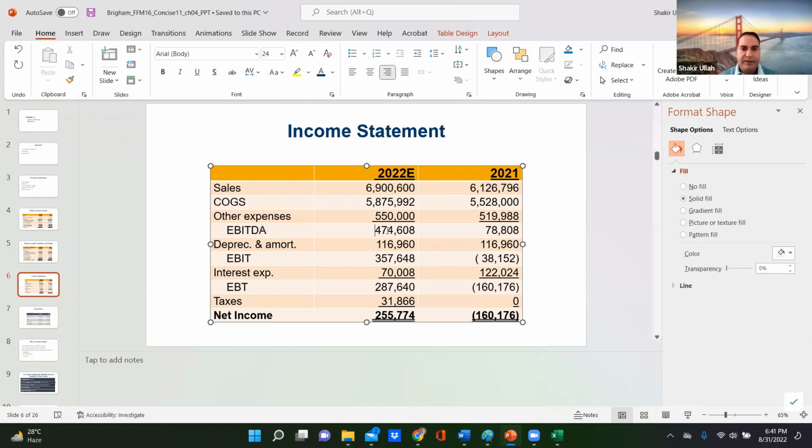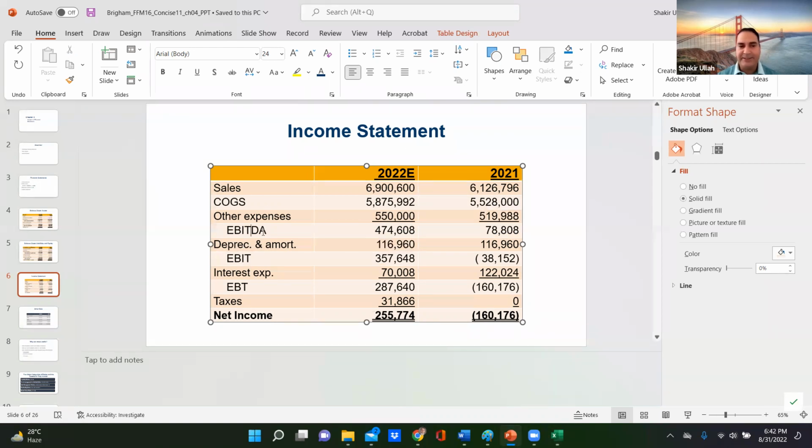Now, if this number is before interest, taxes, depreciation, and amortization, then let's start removing one by one. So first we remove depreciation and amortization. Depreciation and amortization for this particular year is $116,960. If we remove that from EBITDA, we get this number. You see, we have that same thing, but we just removed depreciation and amortization. So we are left with EBIT.